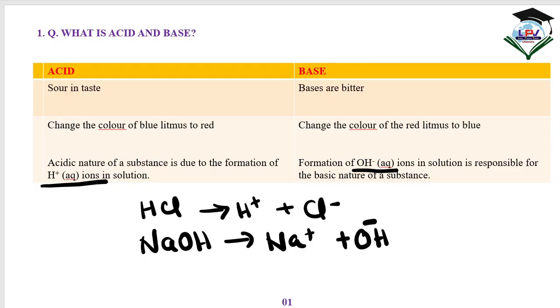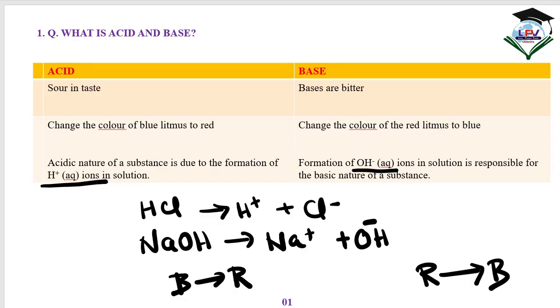You take a blue litmus paper and put it in the solution of an acid, where you can see the blue litmus changing to red. This is an acid. Whereas in the base, you take a red litmus paper and put it in a solution of base, and it becomes blue in color.